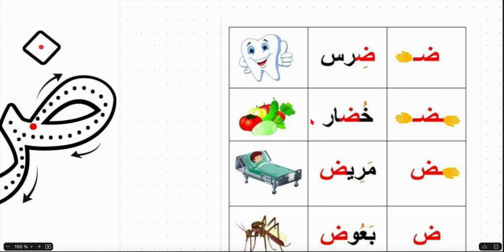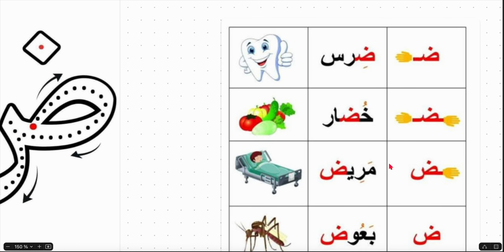Now we are going to the forms of the letter ضاد. The shape of the letter ضاد: we have it at the beginning of the word like ضرس, tooth. In the middle like خضار, vegetables.